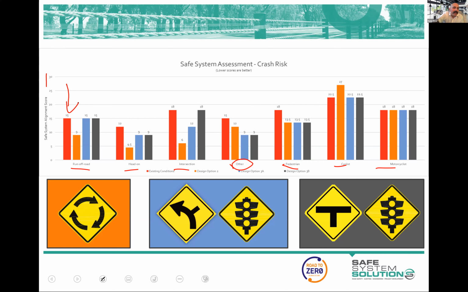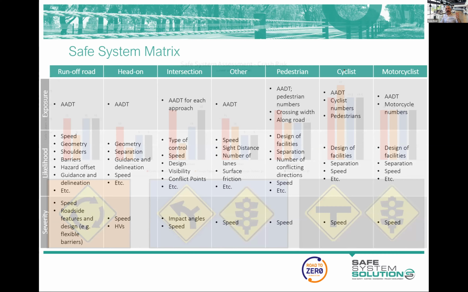And then you can see there that we've got a proposal to change whatever that existing condition is to a roundabout, this one to a modified T intersection with signalisation, this conventional T with signalisation. And so you can start to immediately see there where you're getting benefit. The roundabout showing benefit for the run-off road for a particular reason. And head-on is down there, but maybe cyclists are faring worse with the roundabout. Anyway, I'm now going to walk you through how you would actually arrive at something like that.